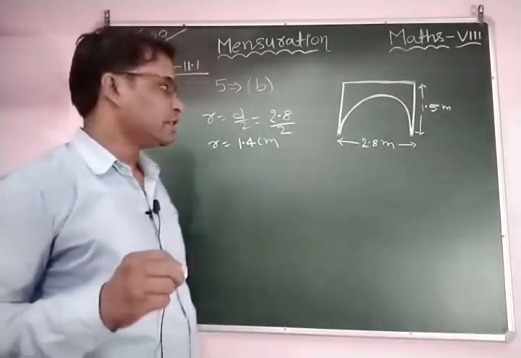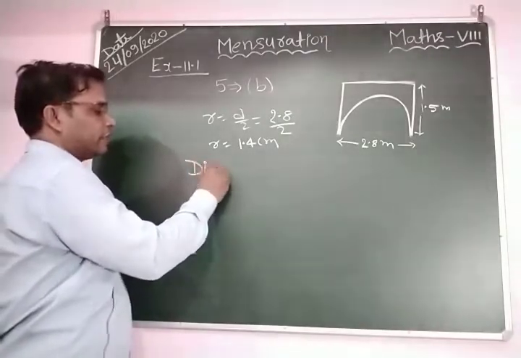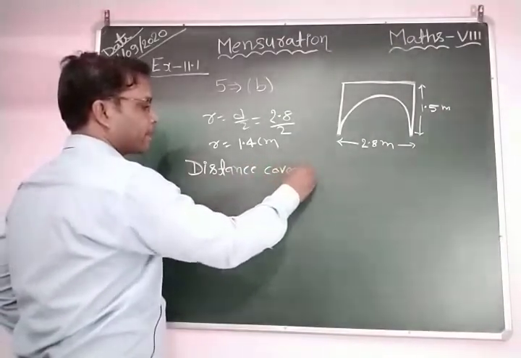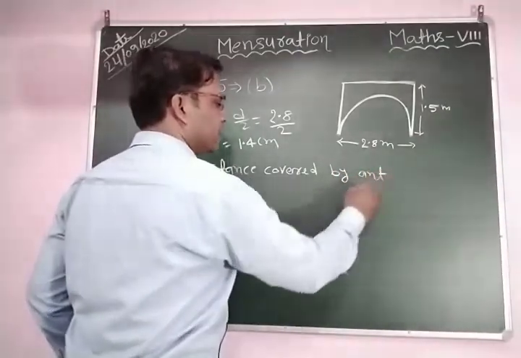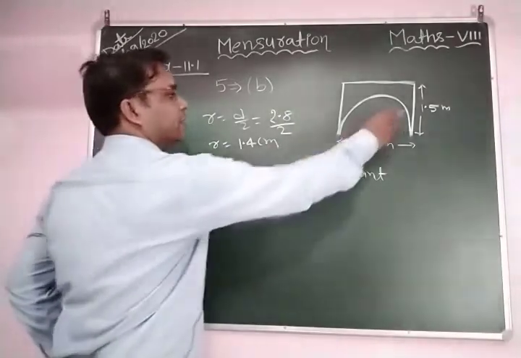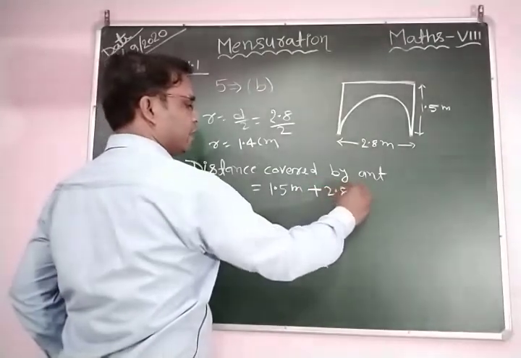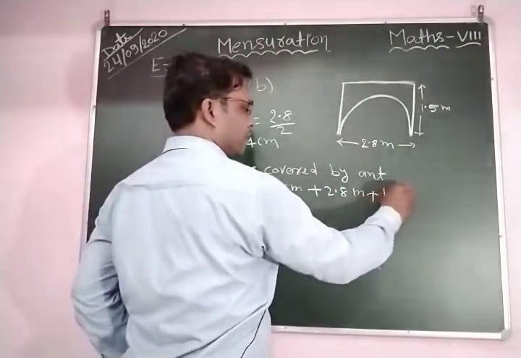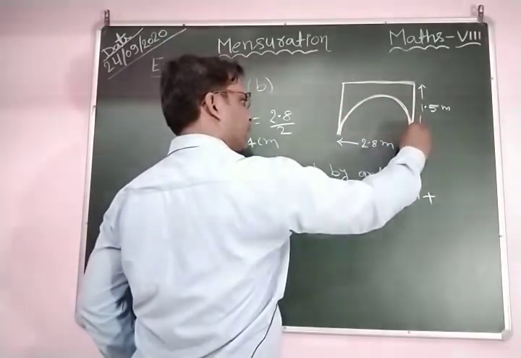Okay, so the distance covered by the ant, you can find here. Distance covered is equal to 1.5 meter plus 2.8 meter plus again this 1.5 meter, and plus this is a semicircle, pi r.